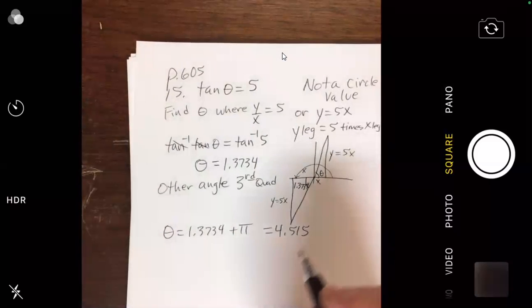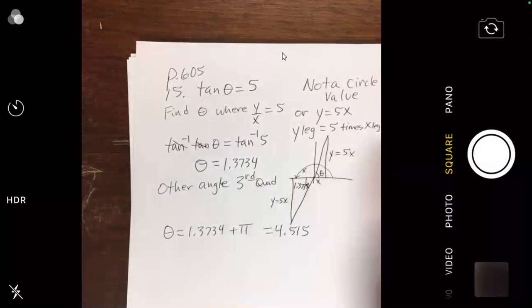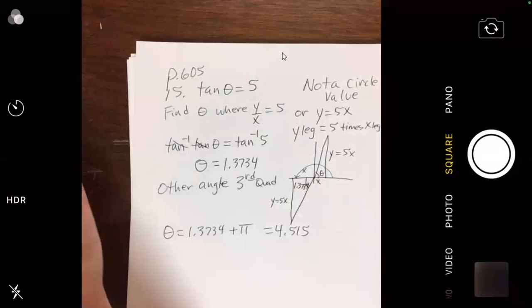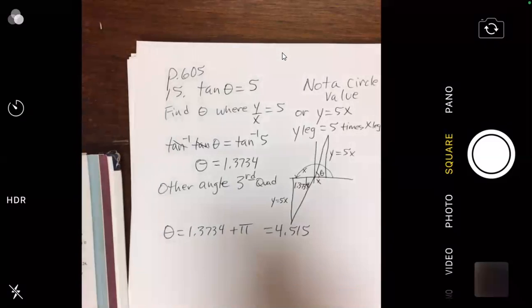Let's see if they went on and did the plus 2 pi k. This is 7.4, number 15. Oh, it's k pi. Yeah, with tangents, that's right.